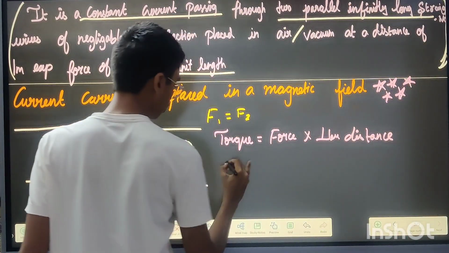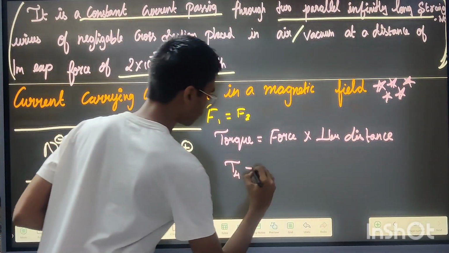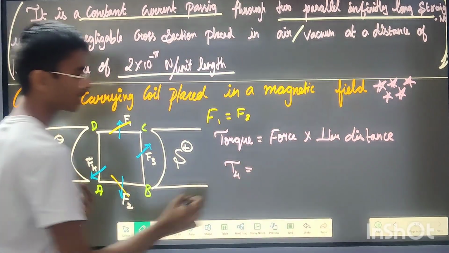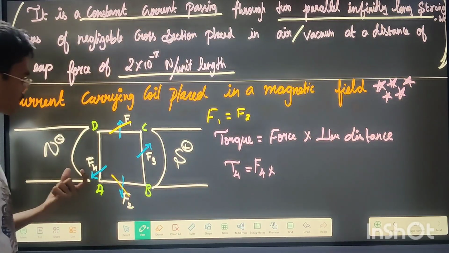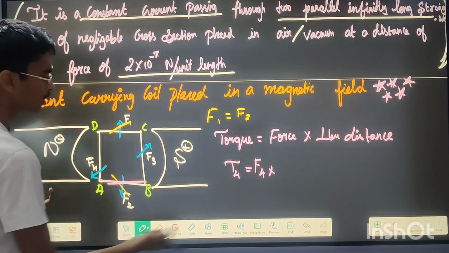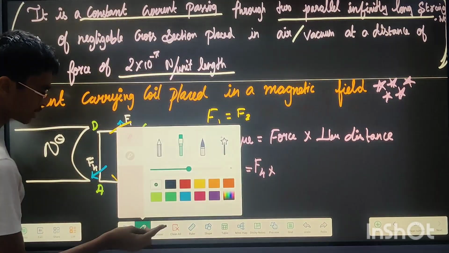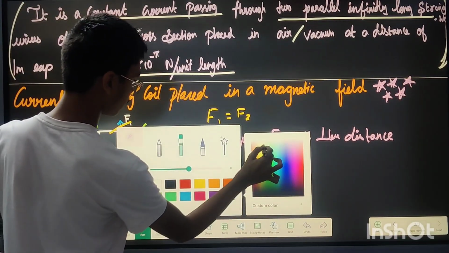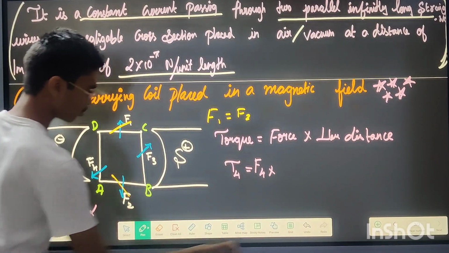Now coming to torque 4. Here one torque will be produced that is equal to force, which here is F4, into the perpendicular distance. See, here this distance is there, which we will take as R. I will also give names for these distances.